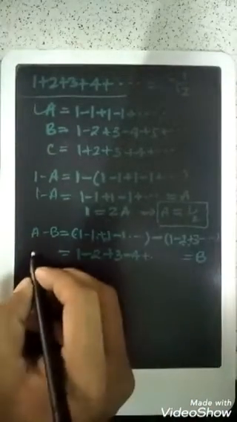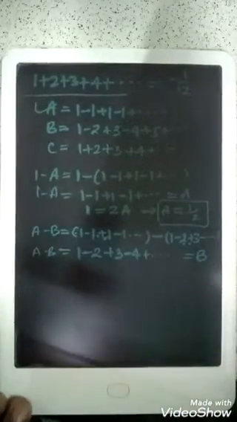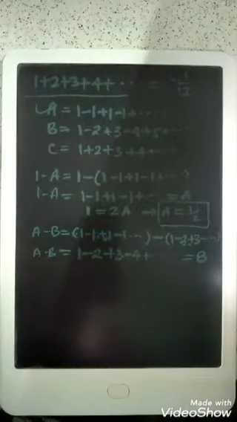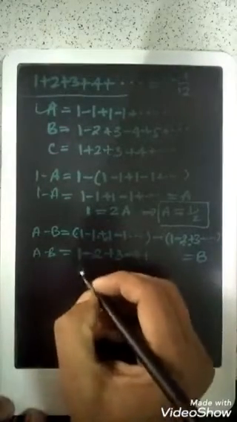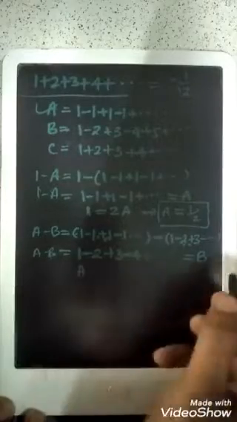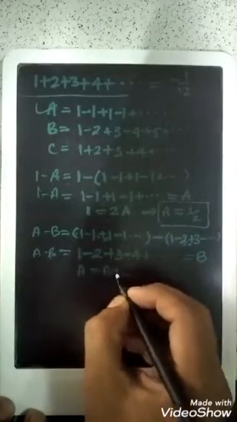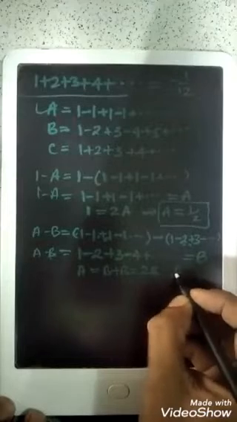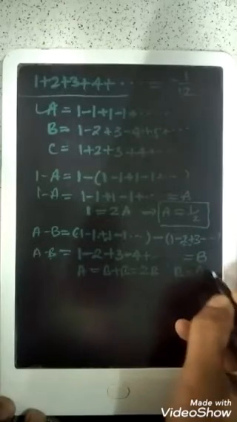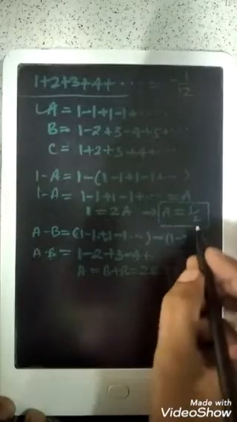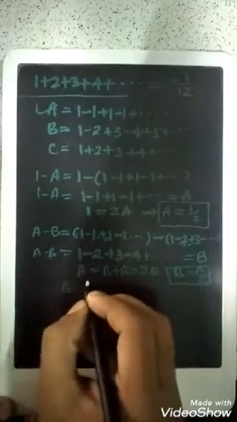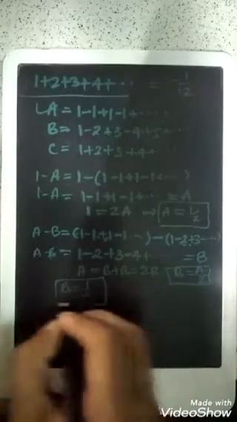So A minus B equals B, but we already know the value of A, which is half. This minus B will go to the other side and become B plus B, 2B. That means B is A by 2, so 1 by 2 divided by 2 means B equals 1 by 4.